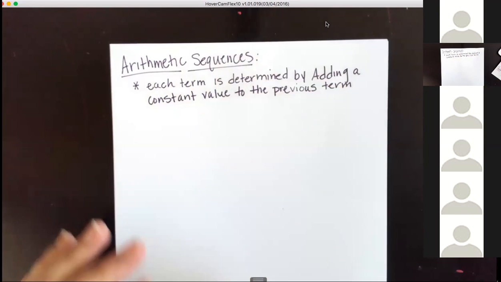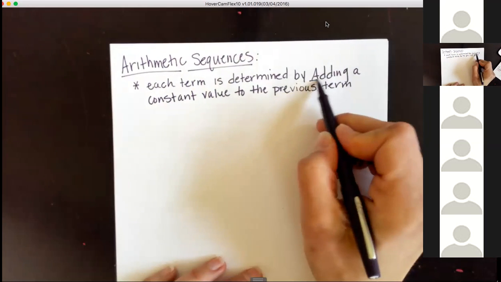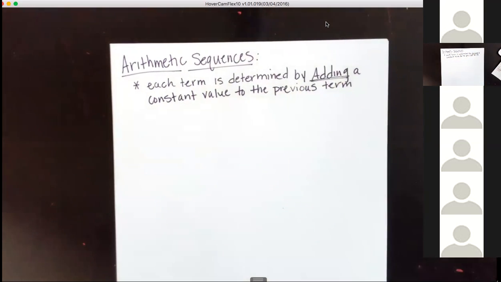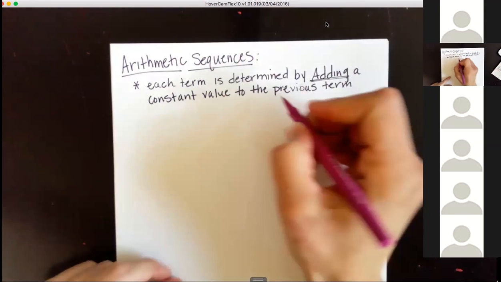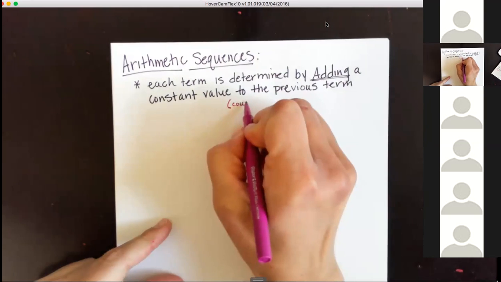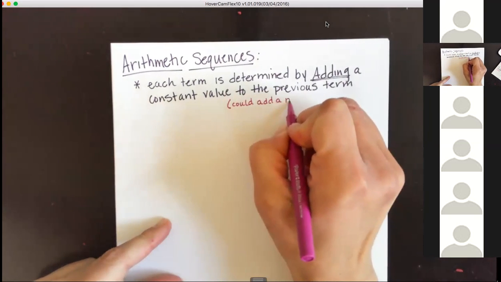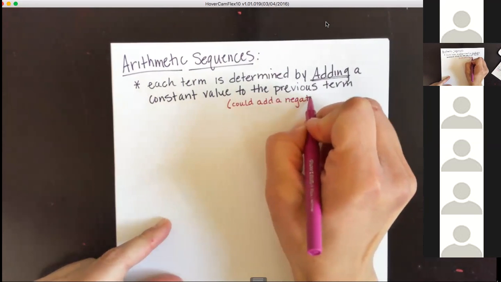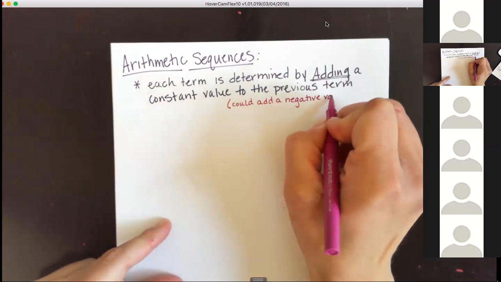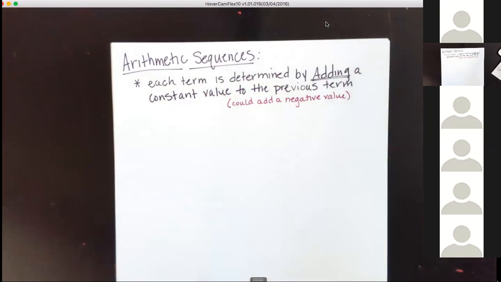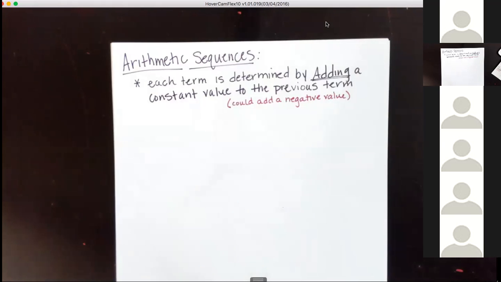Now, please remember that just because we're adding doesn't mean that we couldn't add a negative value. So that's something that we have to be very careful with. So even though it might look like subtraction, it's still this idea that we're adding.